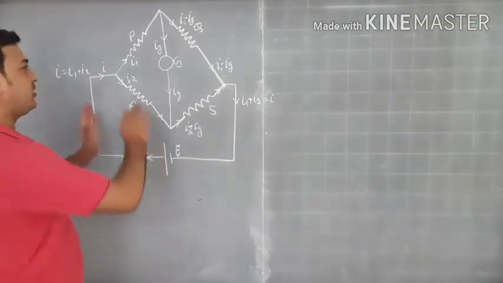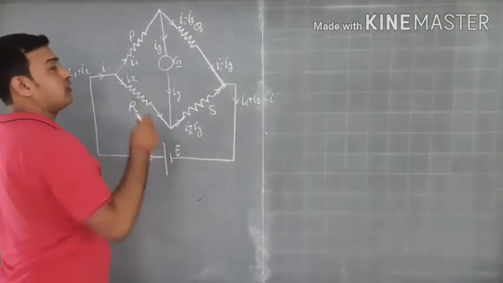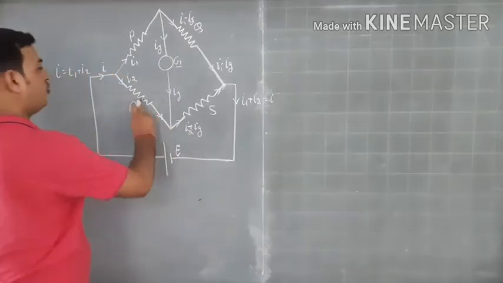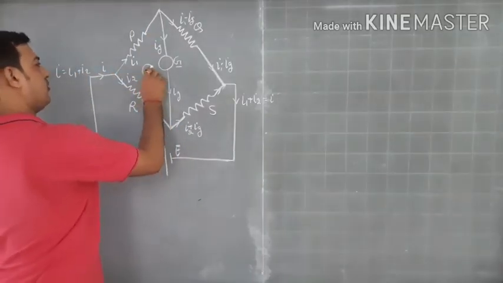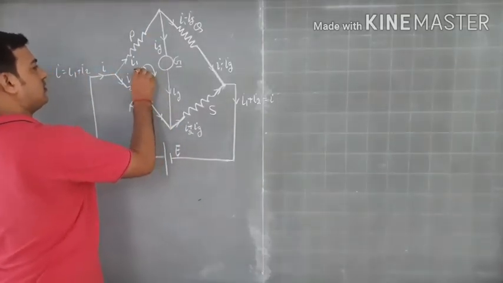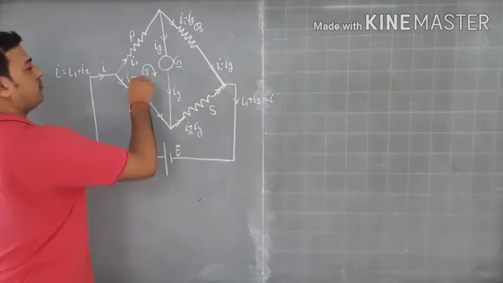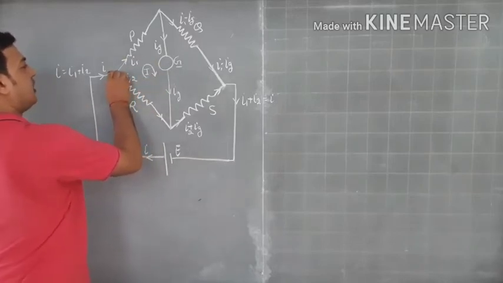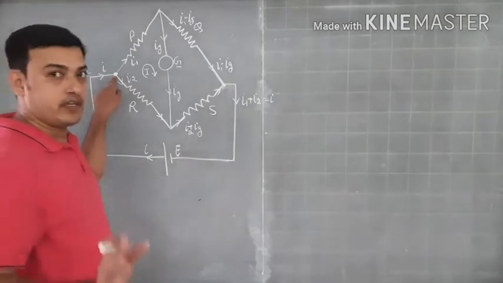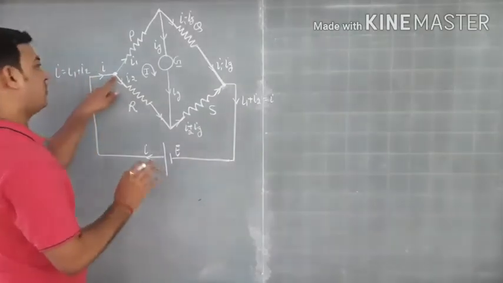Now I will apply the loop law, or Kirchhoff's second law, in the two loops, as you can see. So first of all I will take this loop and I am going clockwise. So I will start from here, and you are well aware of Kirchhoff's voltage law.